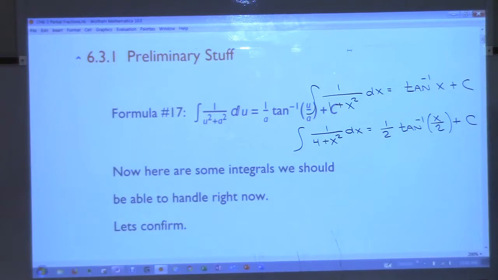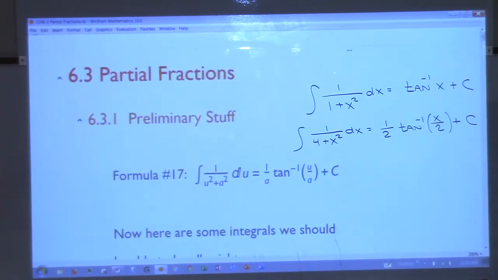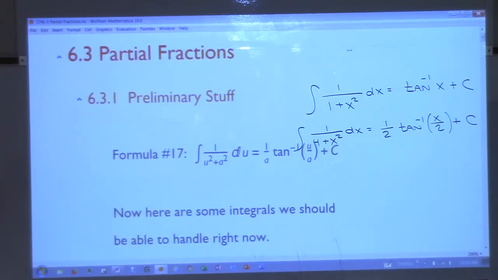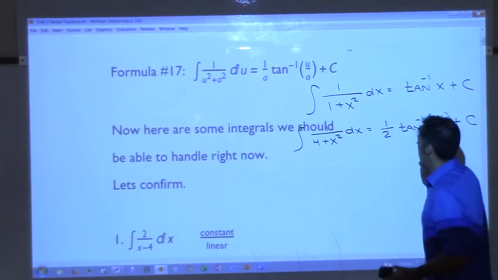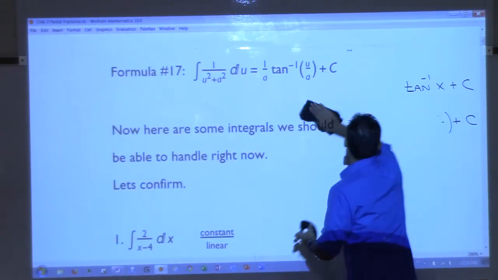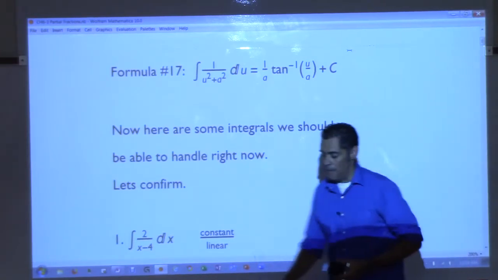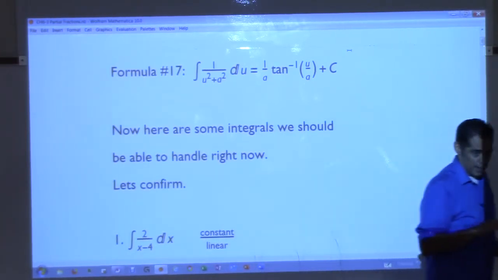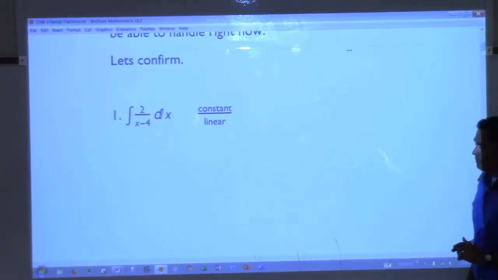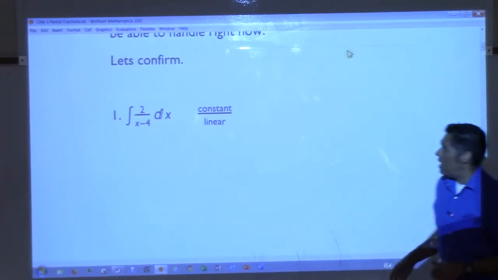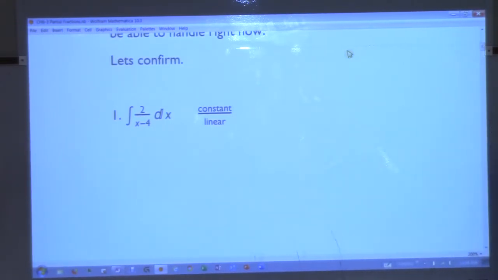All right, so before we do partial fractions, before we even get started with it, there are some integrals that we should be able to handle right now. We should be able to do them relatively quick. Each of these integrals has a specific format that I want us to pay attention to.